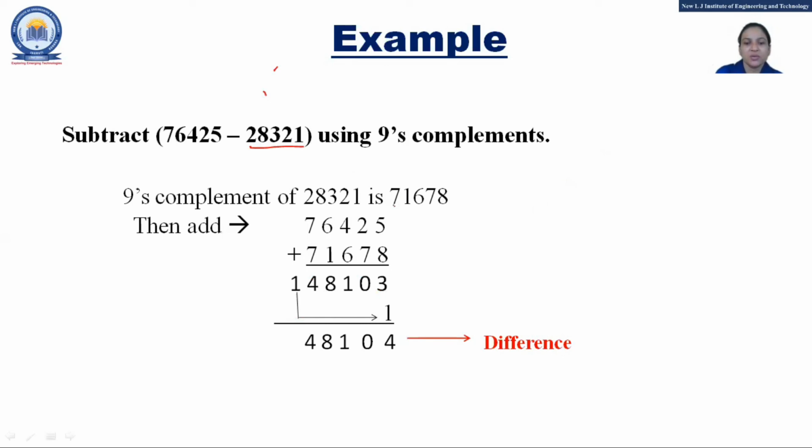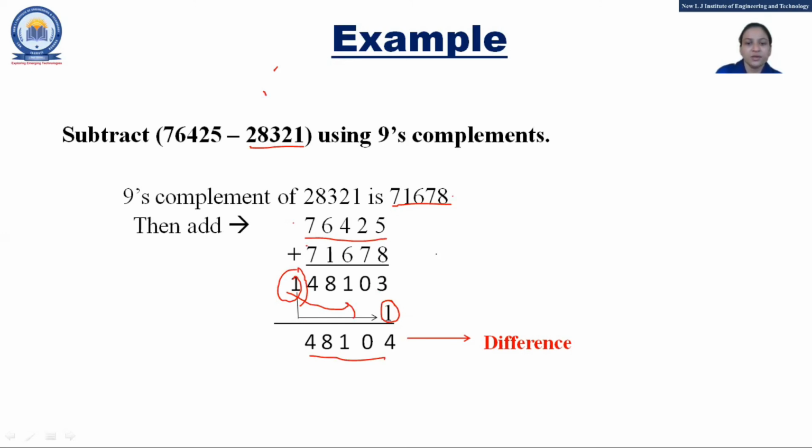The 9's complement we get is 71678. We have to add it to the first number. If we add these two numbers, the number of digits is one more. So this is our carry, and it has to be added to the LSB. So our answer is this.